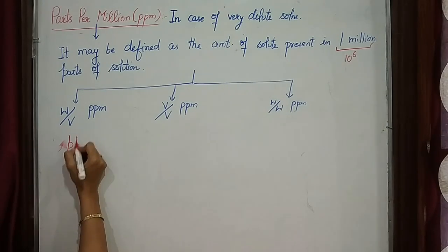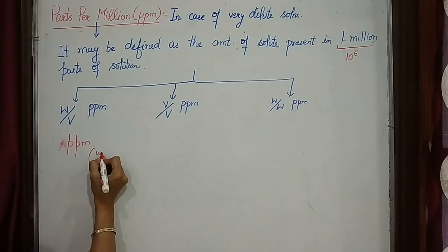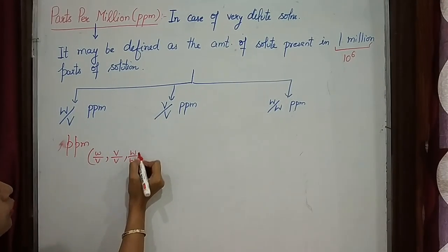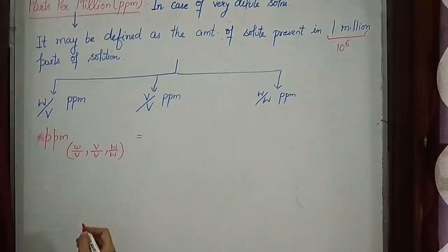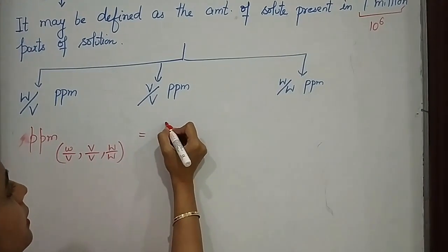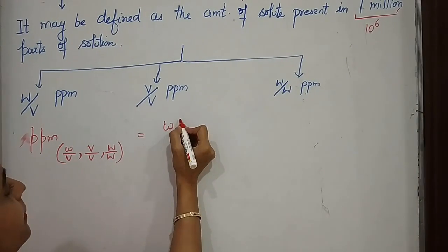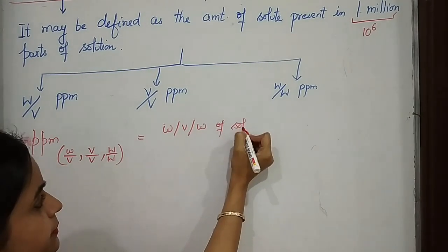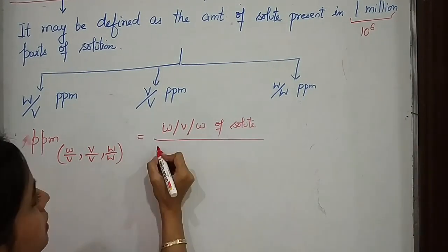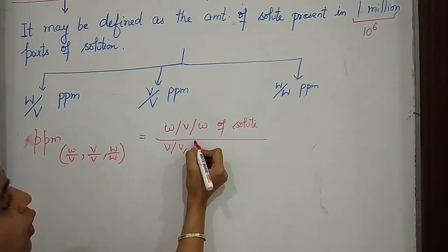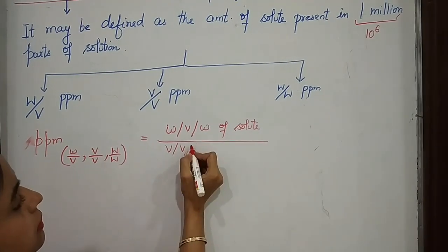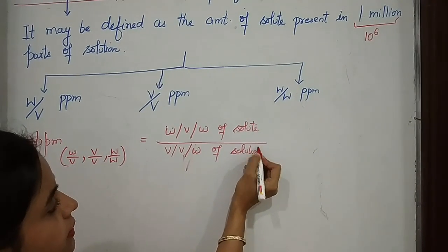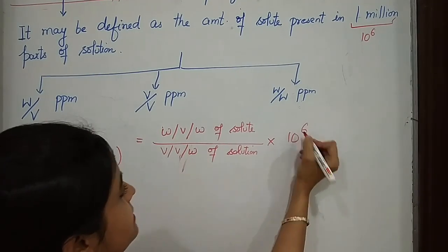Now you can write the general formula for ppm, whether we represent W by V or V by V or W by W. In short, we can say it is the mass of solute, or you can say W or V or W of solute, upon volume or mass of solution, into 10 raised to power 6.